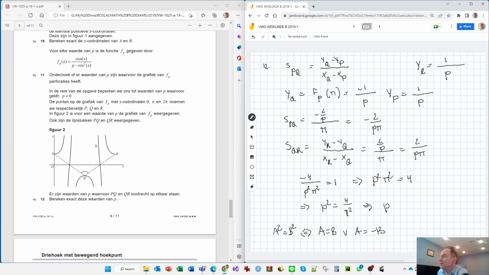So I get p equals plus or minus the square root of this thing, which is 2 over pi. So these are the two possible values of p.